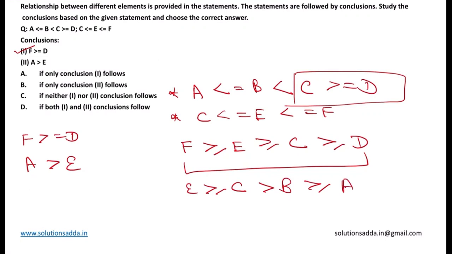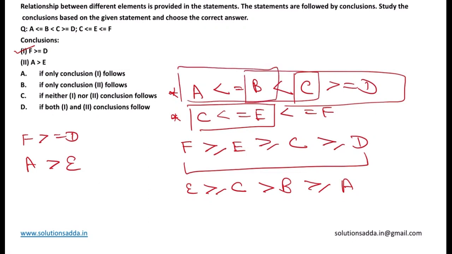E is greater than equal to C is given in the second statement, and C is greater than B and B is greater than equal to A are from the first statement. So since E is greater than equal to C and C is greater than B and B is greater than equal to A, therefore C is greater than A.